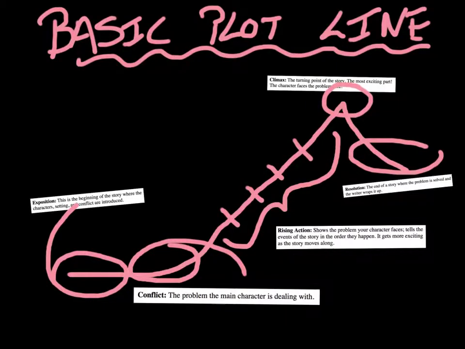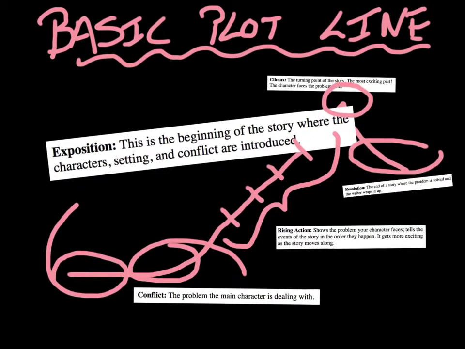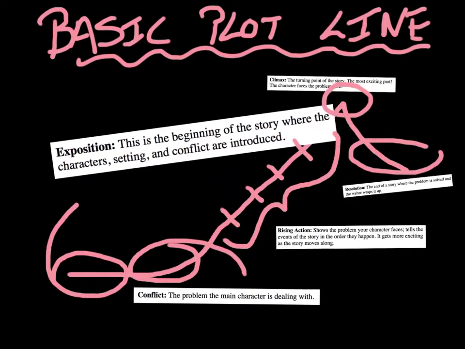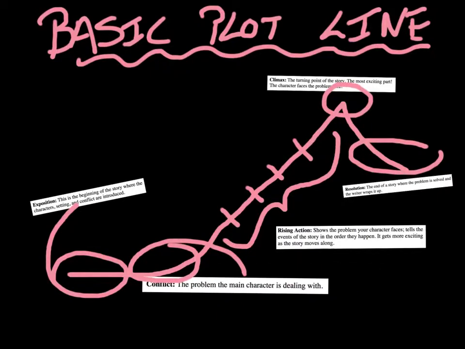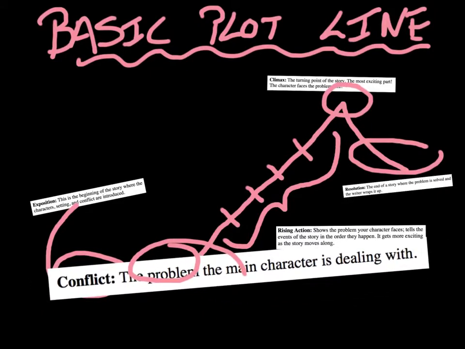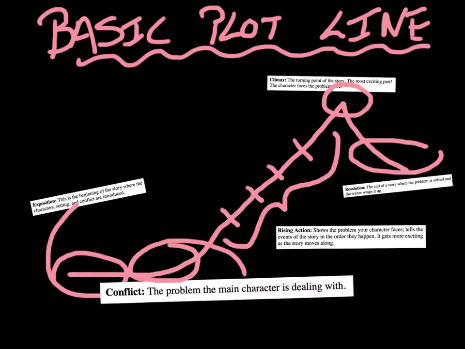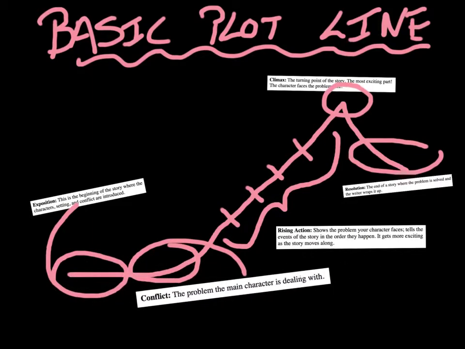And this, boys and girls, brings us back to the look of our basic plot line. As a quick review, check your notes, make sure you've got the right stuff here. We have the exposition, where the beginning of the story is going on, our characters are setting, and we start figuring out what the conflict is, taking place right over here in the beginning. We have our conflict, which gets really introduced, where we start figuring out what the problem is that this character's dealing with.